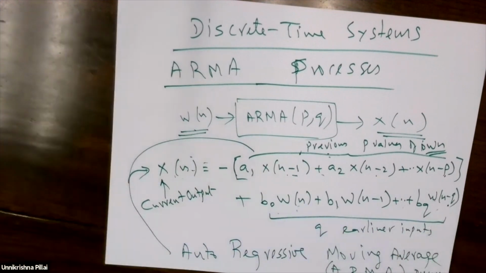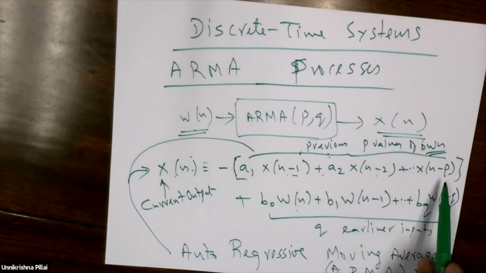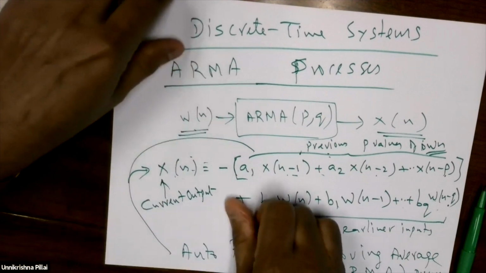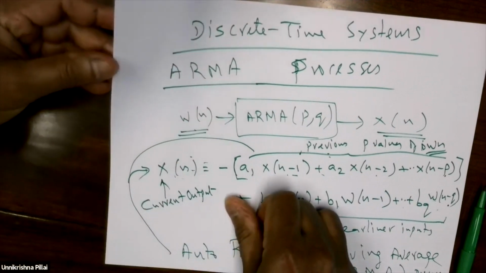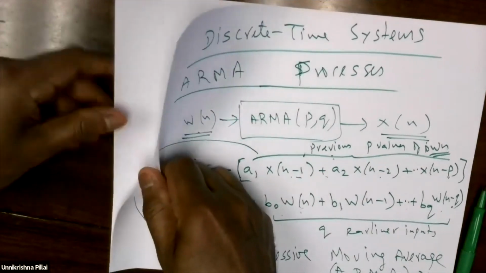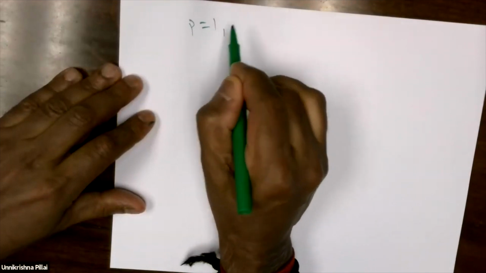So remember, you have a lot of flexibility: flexibility with the coefficients, and flexibility with p and q. You may ask why this. As I said, a lot of things you can fit into this model. The simplest model is this one: I take p equal to 1, q equal to 0.